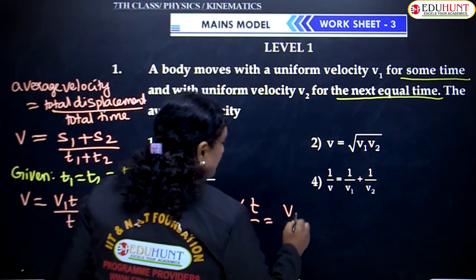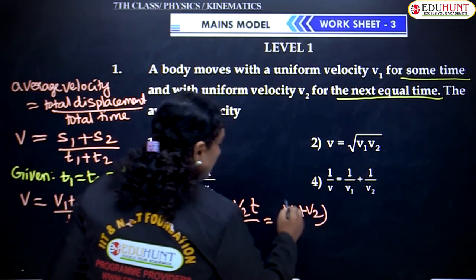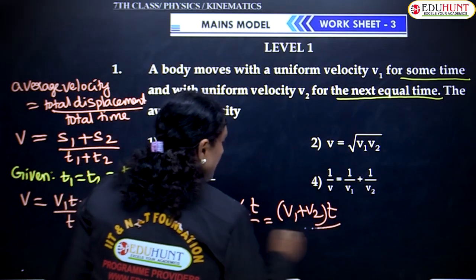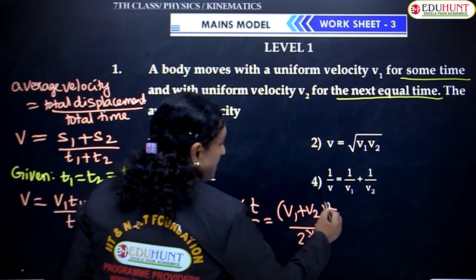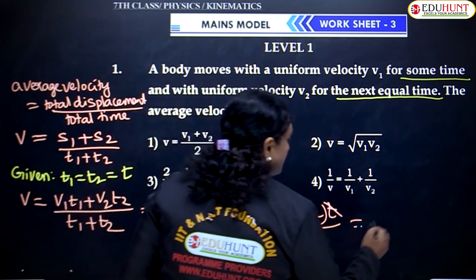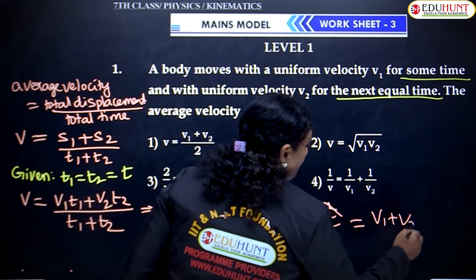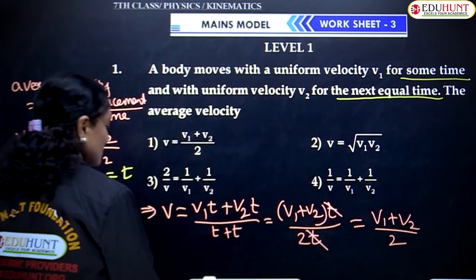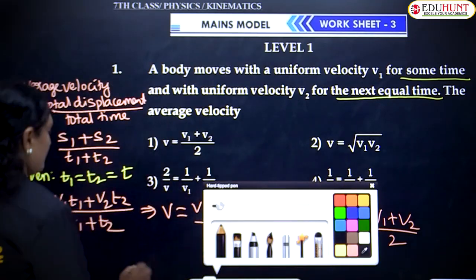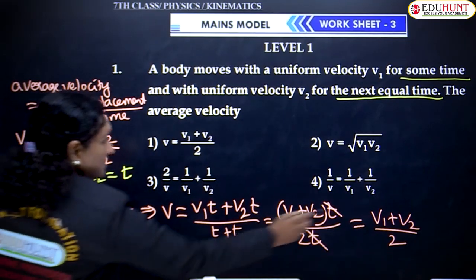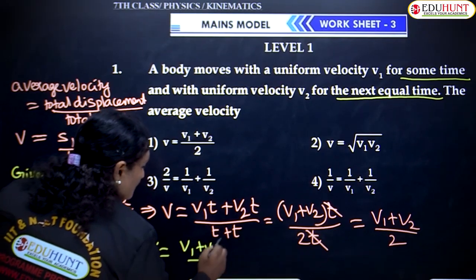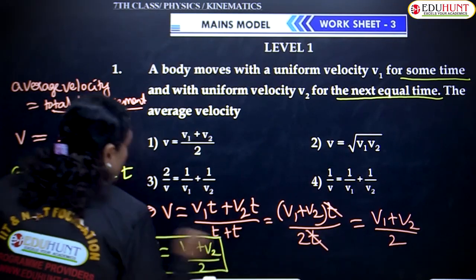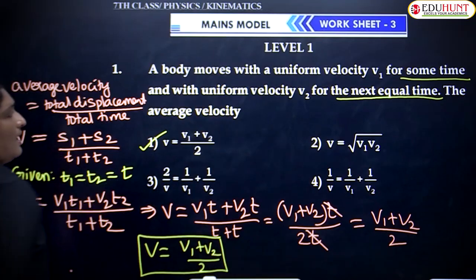T, children. So T times V1 plus V2 upon 2T. So this T and this T get cancelled. What are you left with? V1 plus V2 by 2. Hence it's very clear that the average velocity V is equal to V1 plus V2 by 2. This is your answer.